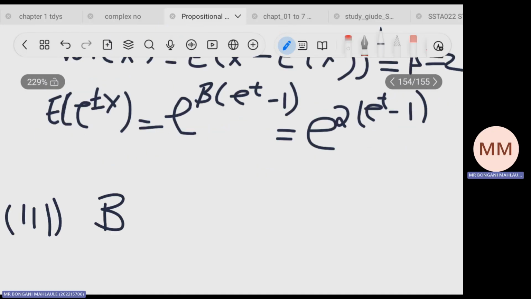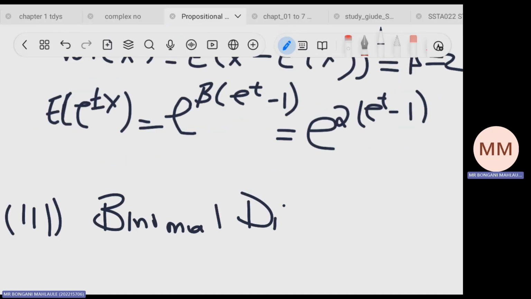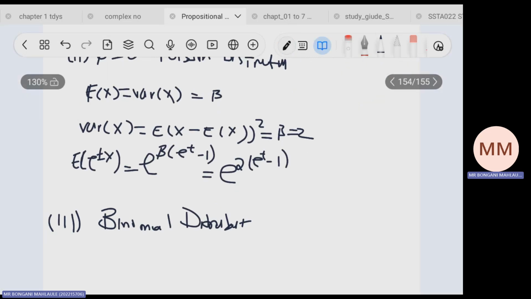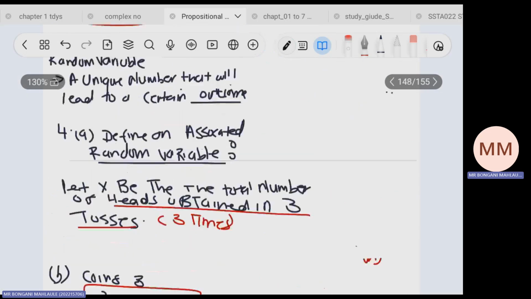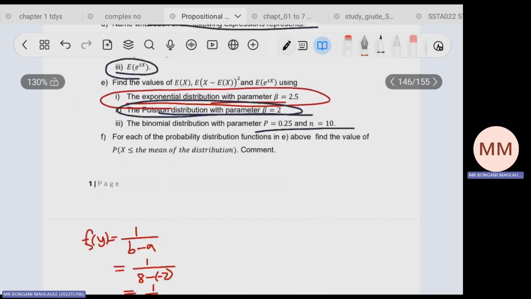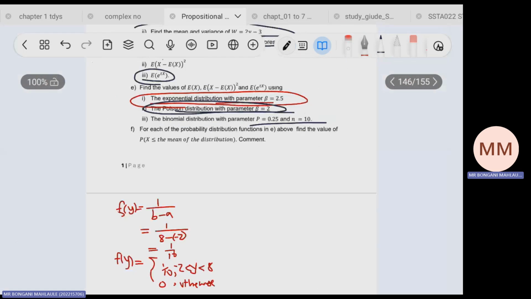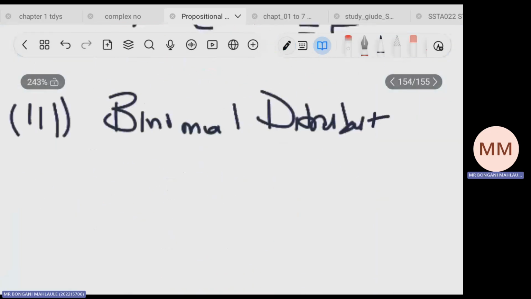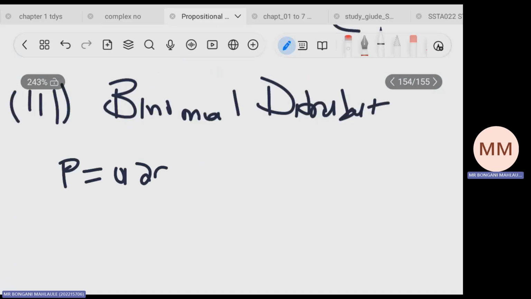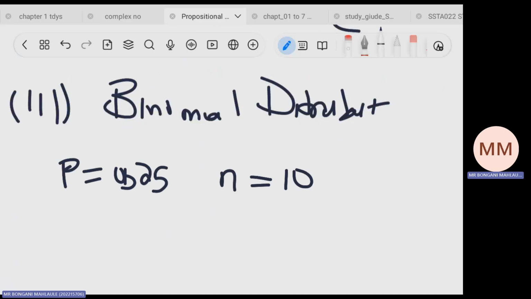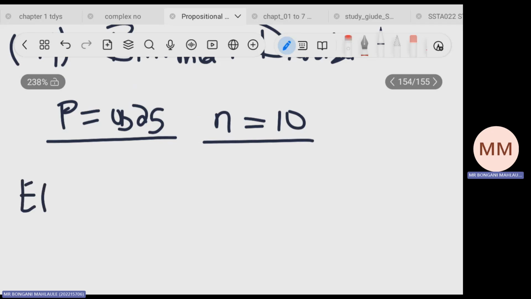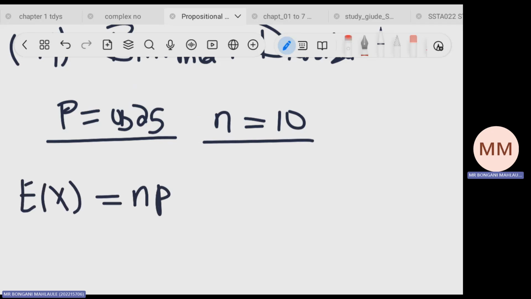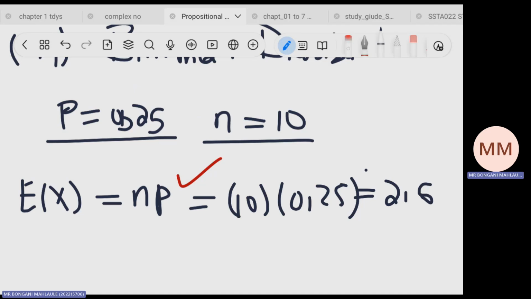Then let's go to the binomial distribution. They have given us that p is 0.25 and n is equal to 10. Now you'll see the mean is equal to np. This is the general formula on a binomial distribution. Then you'll have 10 times 0.25, which is 2.5.